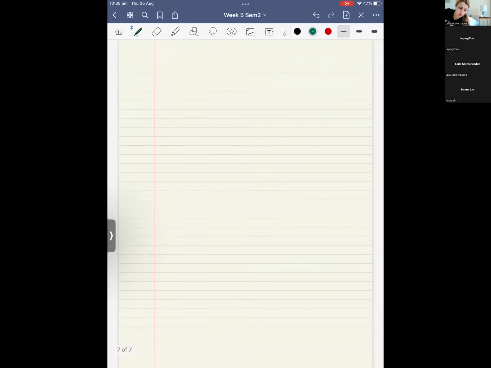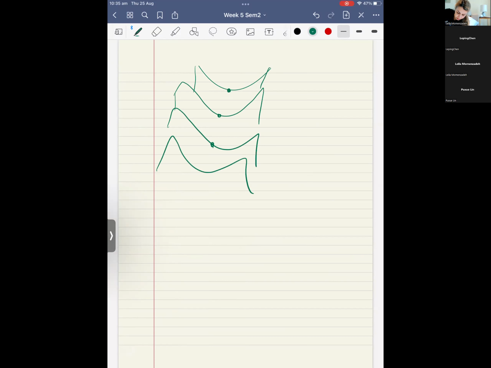But if I show you something in the graph, you have a 3D surface like this, and this, and this, and this. All the points that you find are saddle points.